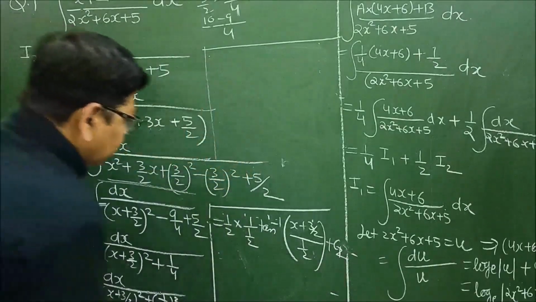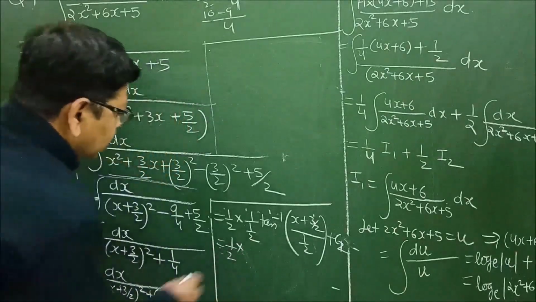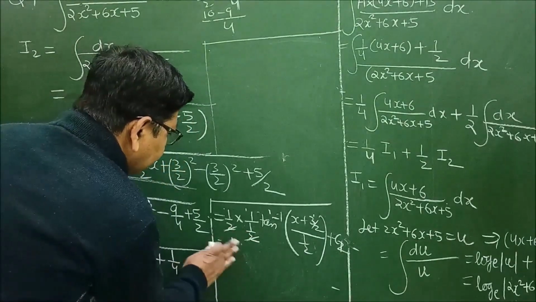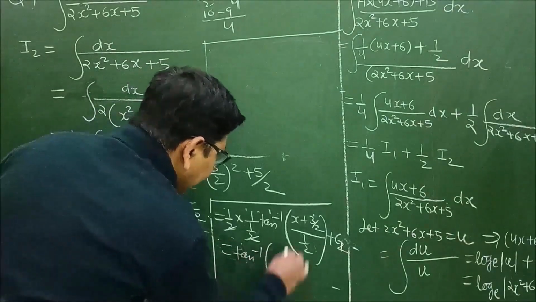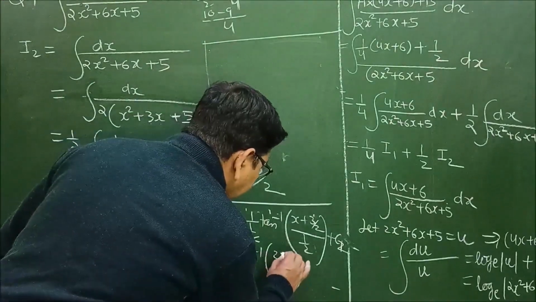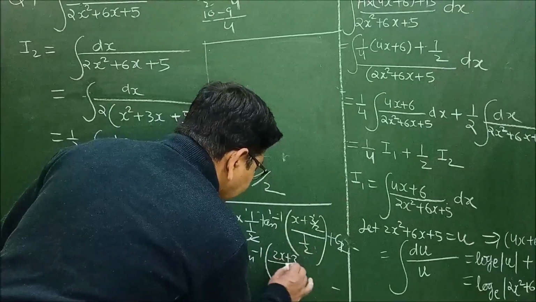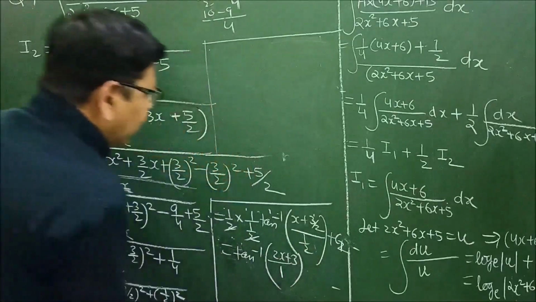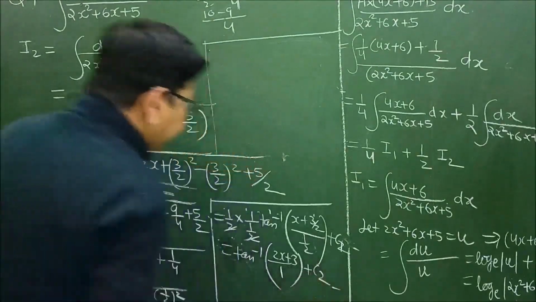So this is equal to 1/2 into, this 2 and 2 get cancelled, so 1 tan inverse, and on taking the LCM in the numerator, (2x + 3)/2, that is 2x + 3, and this 2 and 2 get cancelled, so tan inverse (2x + 3)/1 plus c2.